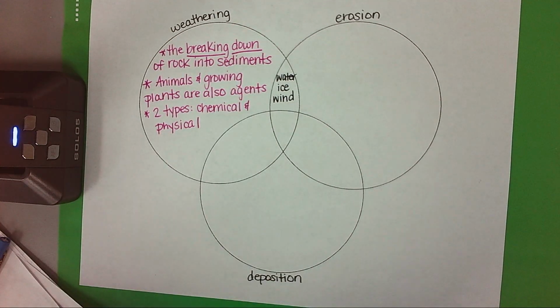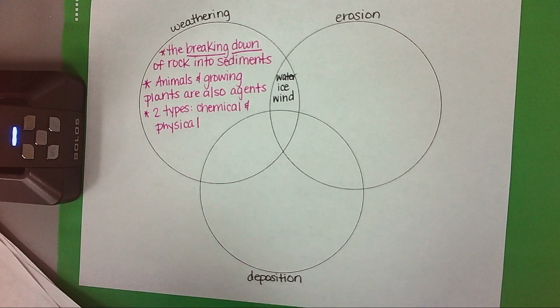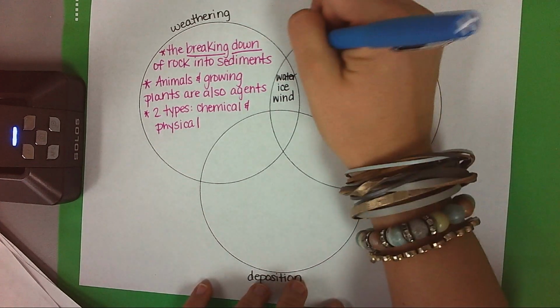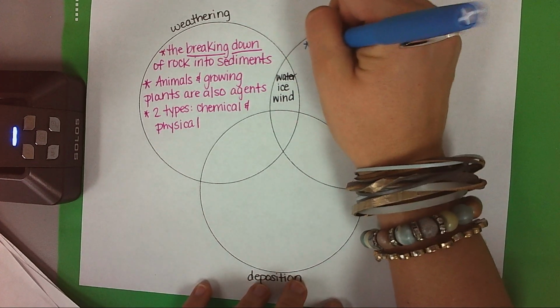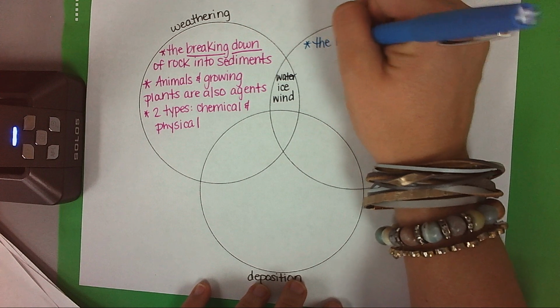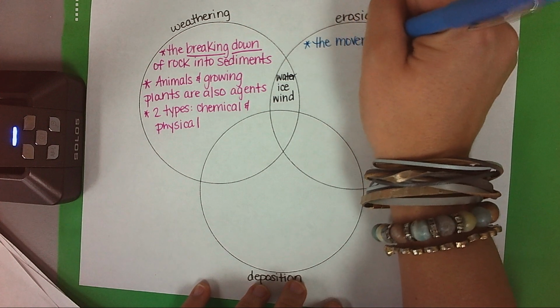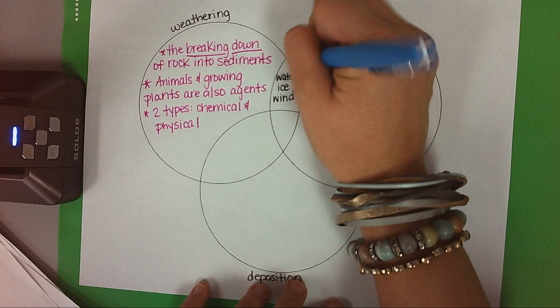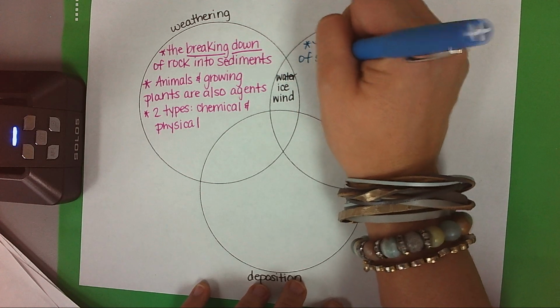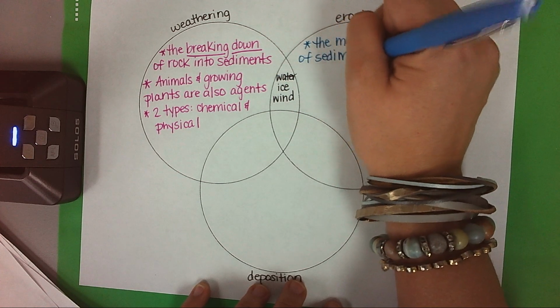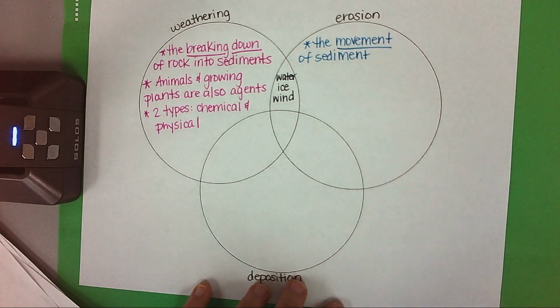Okay, so now what do we know about erosion? Erosion is the movement of sediment. Remember, sediment is broken rock pieces. Pieces of rock.